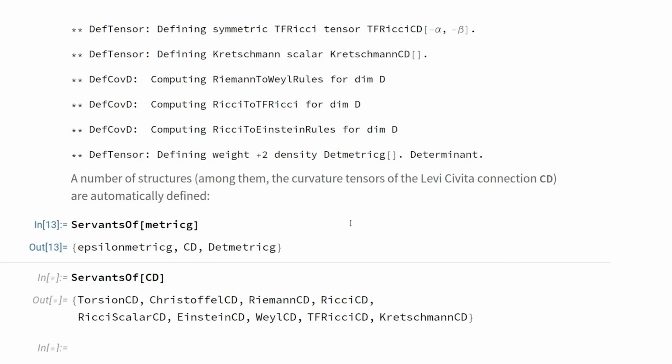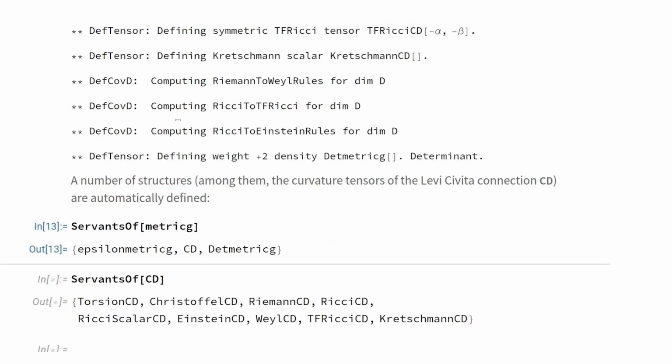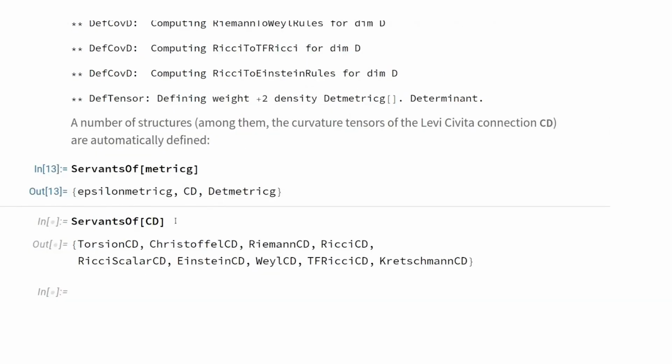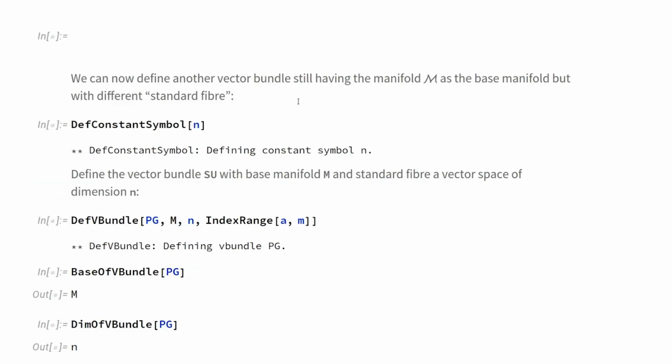You can choose to see these structures by means of the def command, or you can just check the commands that tell you exactly what is automatically defined when you define the metric. Okay, so we have the classic space-time structure.